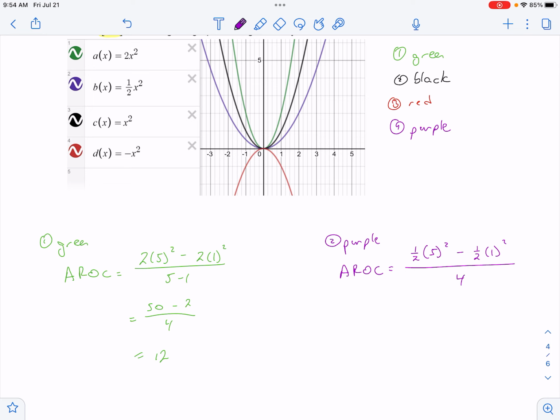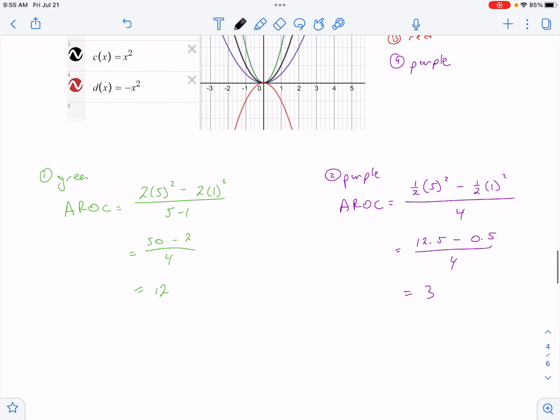I know it's going to be 4 again. Okay, a half of 25 is 12 and a half. A half of 1 is 0.5, so I have 12.5 minus 0.5, that's just going to be 12, all divided by 4 is 3. Okay, huge difference in the average rate of change there between the green and the purple.